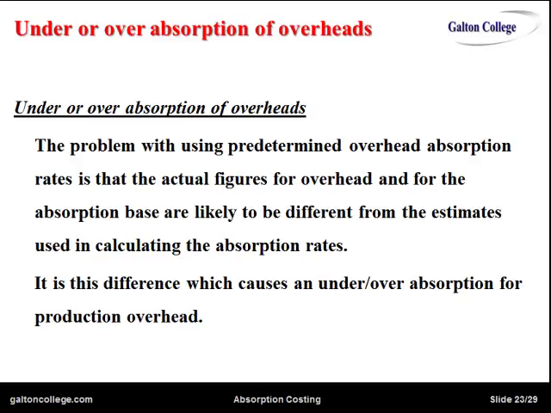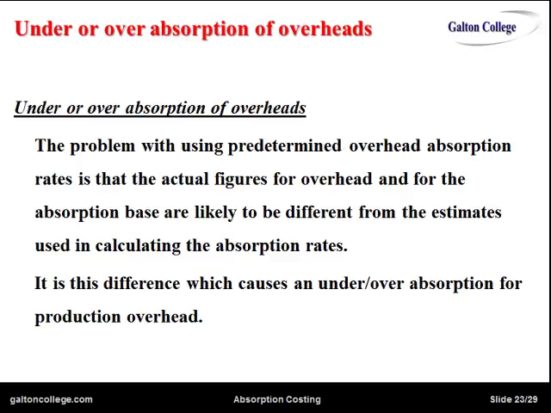The problem with using a predetermined overhead absorption rate is that the actual figures for overheads and the absorption base are likely to be different from the estimates used in calculating the absorption rates. It is this difference which causes an under and over absorption of the production overhead.